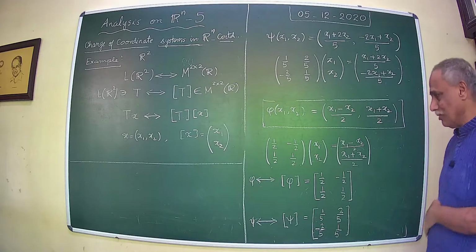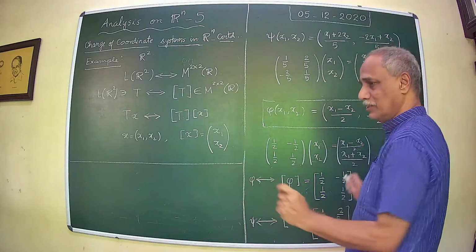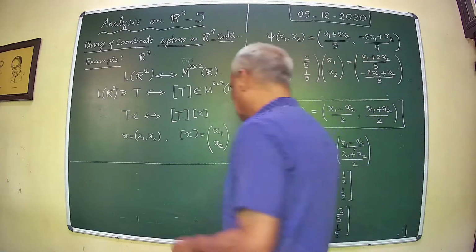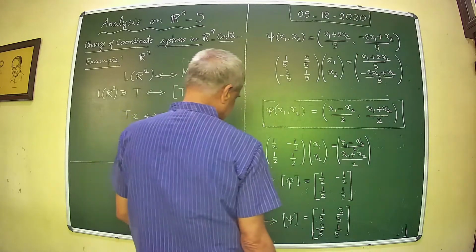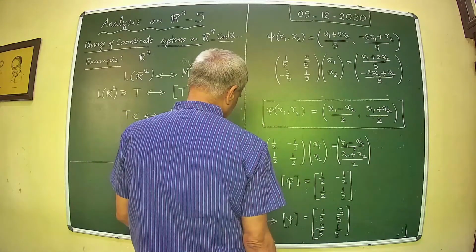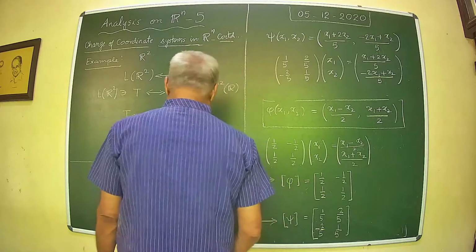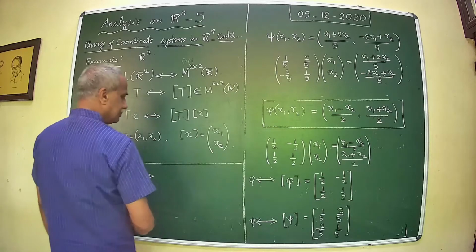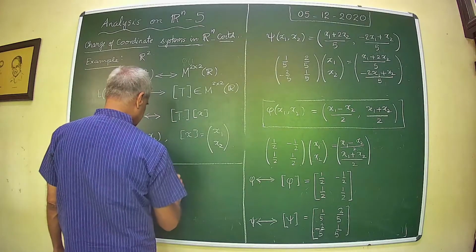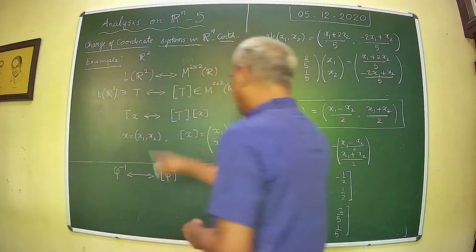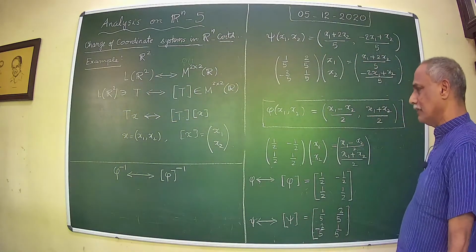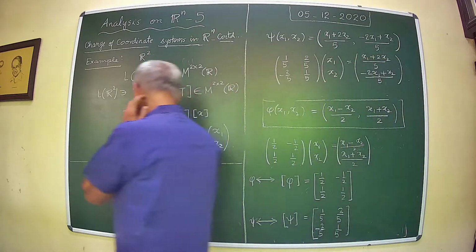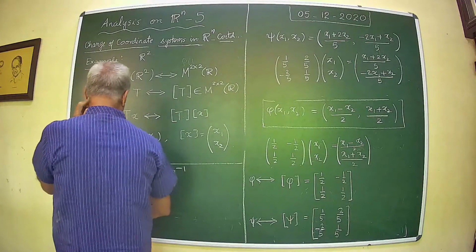Now we will make a quick calculation to ensure that what we have done is along the right track. So you will see that phi inverse can be identified with the matrix for phi inverse, and so also for psi, that we don't need.